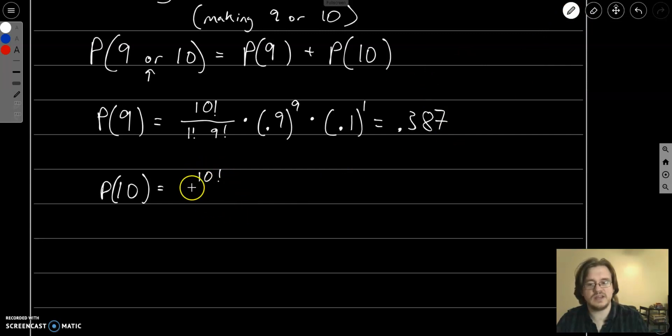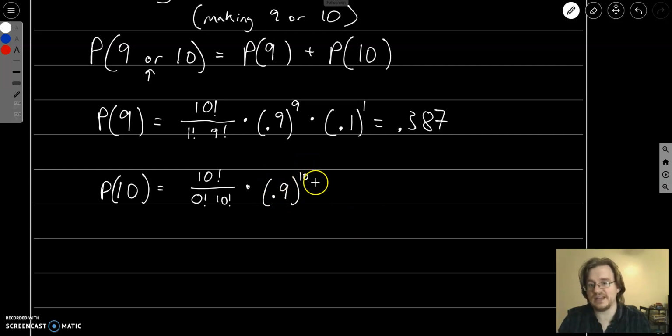So we're shooting 10 free throws. We have 0 misses and 10 makes. The probability of making a free throw to the 10th power, because we're going to make 10 free throws, times the probability of a failure raised to the 0th power, because we're going to miss 0 free throws.